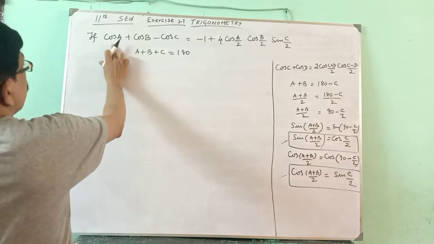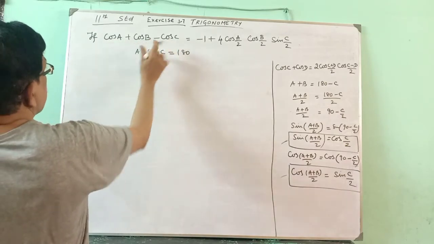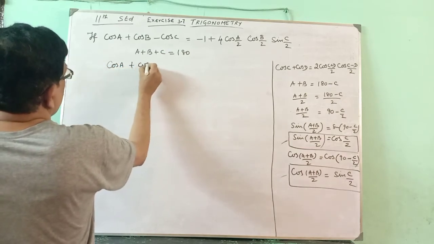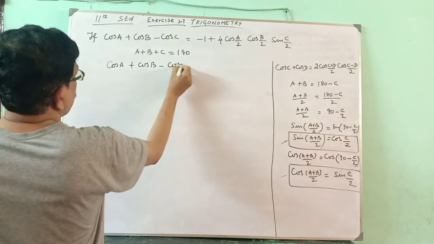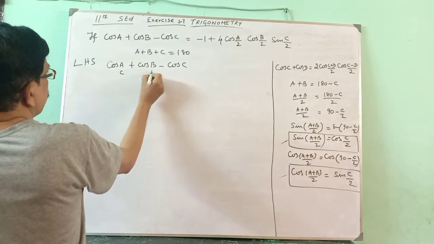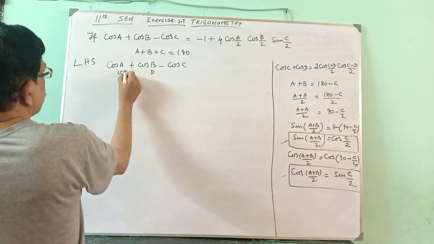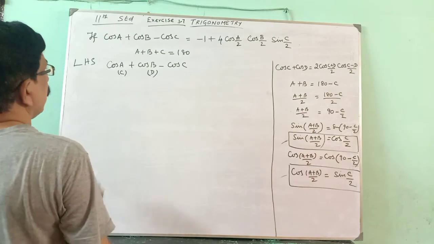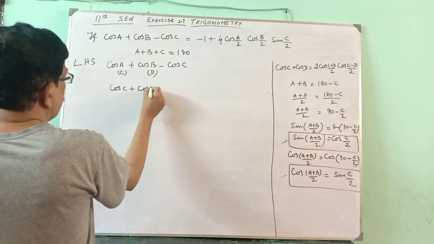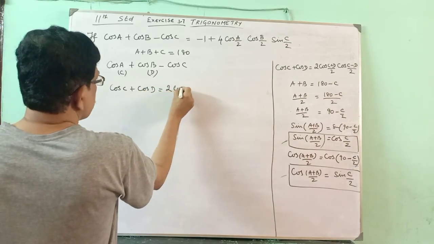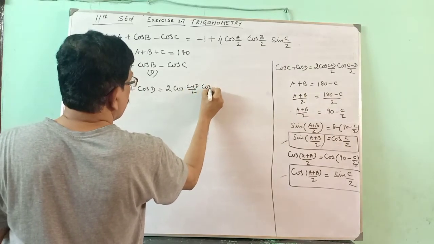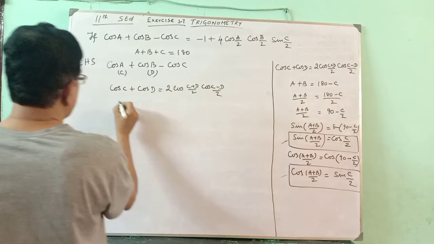So given cos A plus cos B minus cos C, take the LHS. Using the cos C plus cos D formula: cos C plus cos D is equal to 2 cos (C plus D by 2) cos (C minus D by 2).